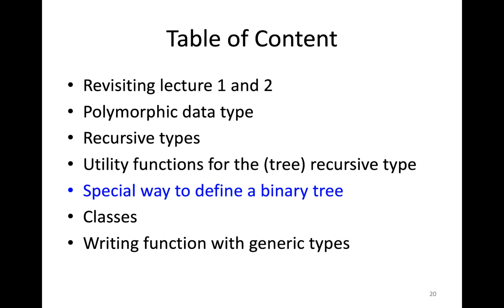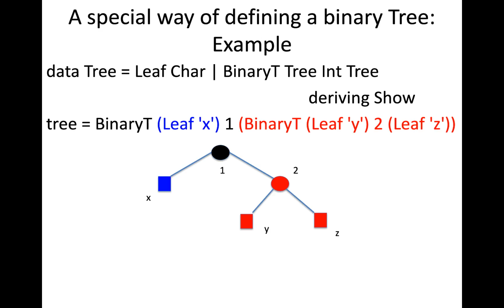Okay, we can also be interested in particular in the binary tree, and say in the binary tree the leaf nodes have characters, and the inner nodes have integers. So that's how we want our binary tree.